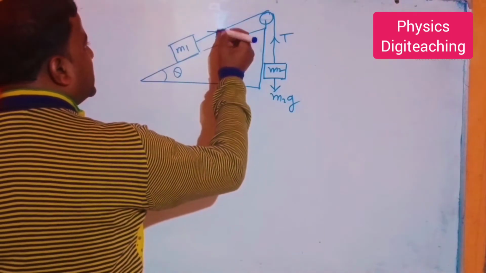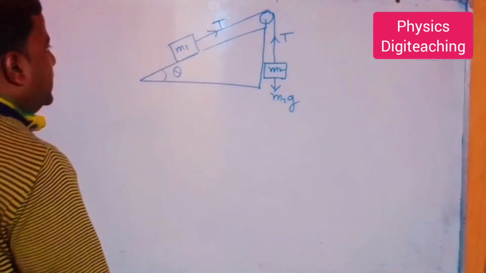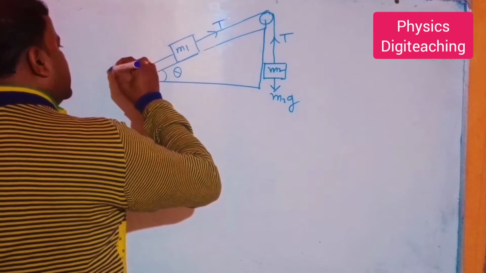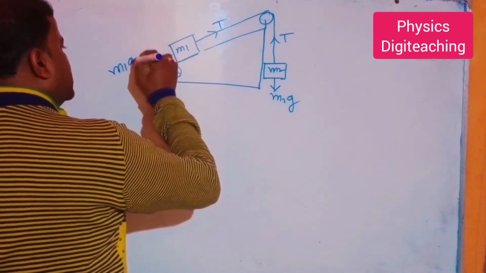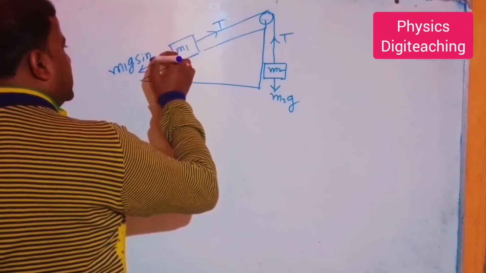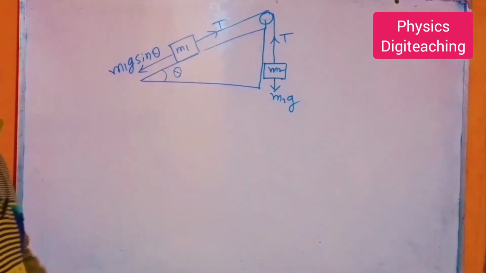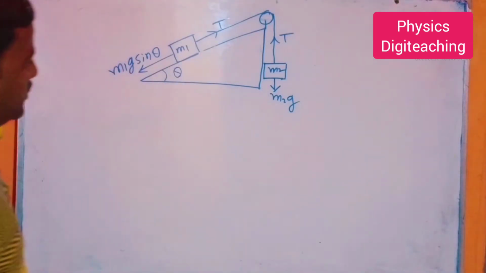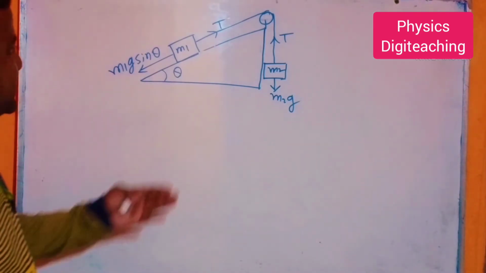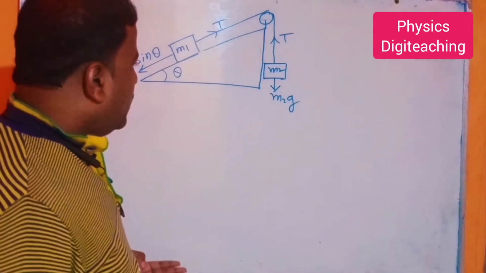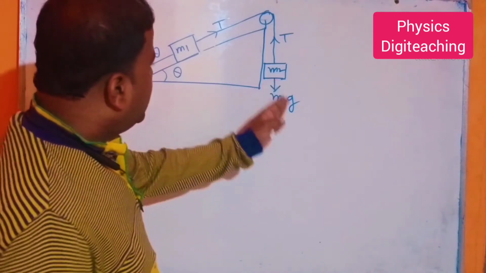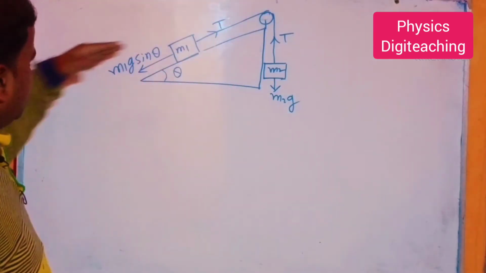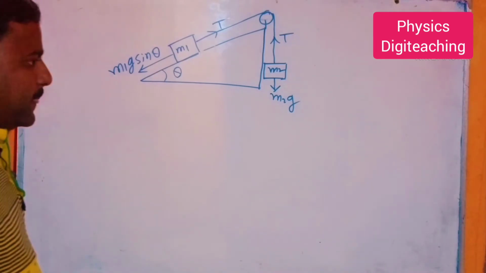One is tension T along the pulley and another force is m1g sin theta, that we have calculated just earlier. Okay. Now we have to find out the acceleration. We don't know what the acceleration will be. It may be downwards vertically or along the plane in this direction. Don't bother.